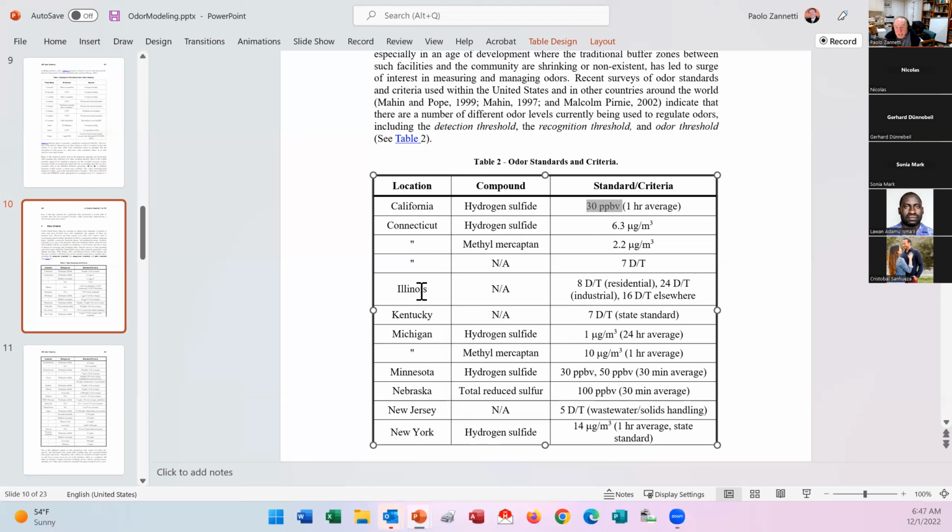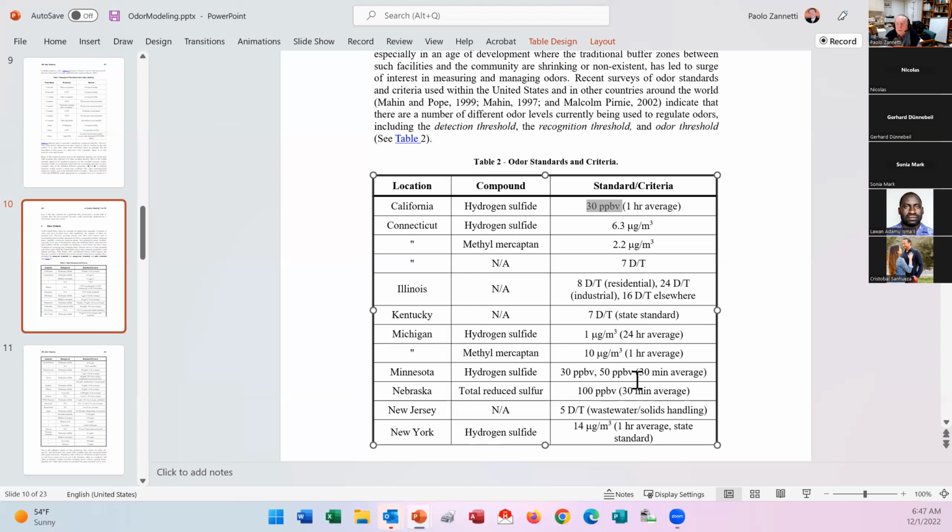Some states define the standard as 8 times or 16 times or 7 times the detection level. So they don't care about the chemicals that are producing odor.